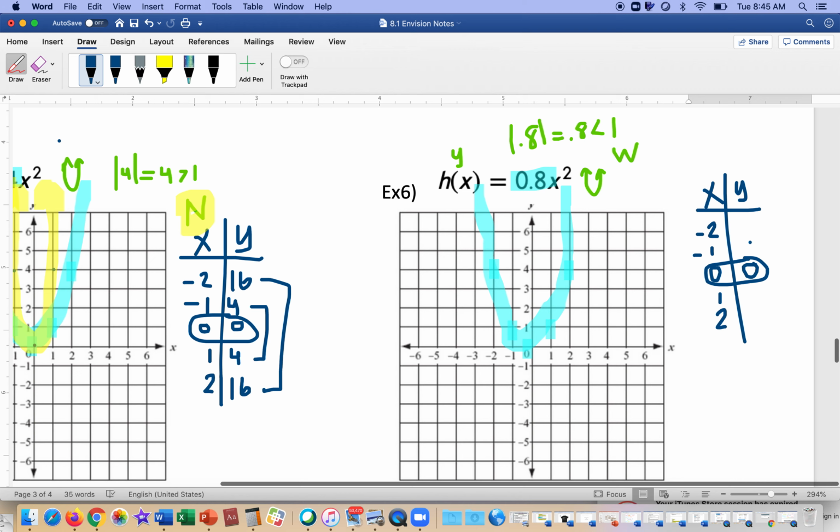So if I plug in -1, -1 squared, -1 times -1 is 1, and then 1 times 0.8 is 0.8. If I plug in -2, so -2 squared, -2 times -2 is 4, and 4 times 0.8 is going to get us 3.2.